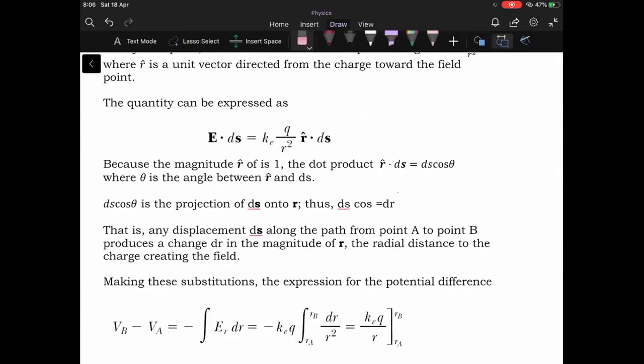Therefore, any displacement ds along any arbitrary point, when you are going from point A to point B, will produce a small elemental change dr in the direction of position vector r.